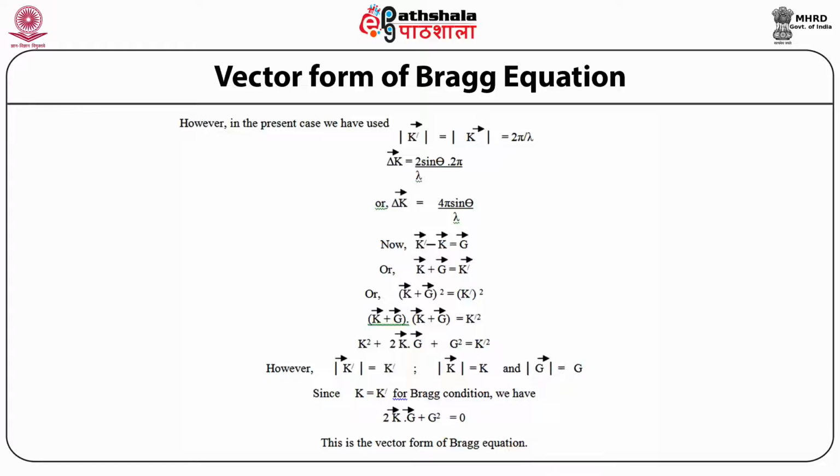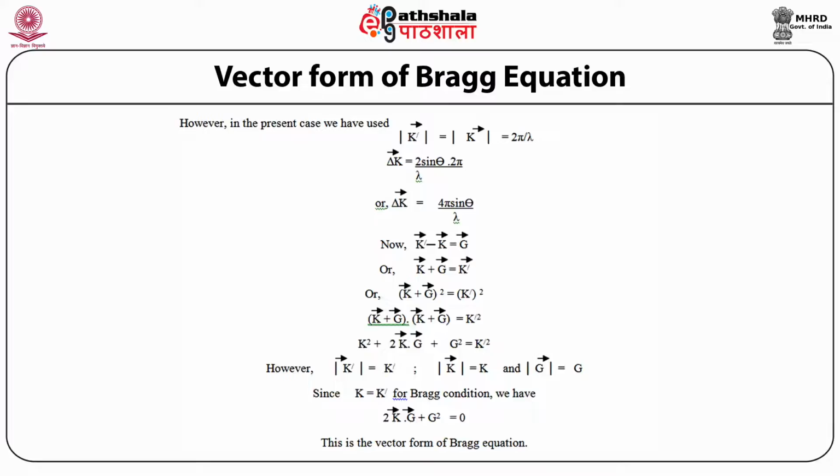Now K prime vector minus K vector is equal to G vector, or K vector plus G vector is equal to K prime vector, or we can say K vector plus G vector whole square is equal to K prime square. K vector plus G vector dot K vector plus G vector is equal to K prime square. K square plus twice K vector dot G vector plus G square is equal to K prime square.